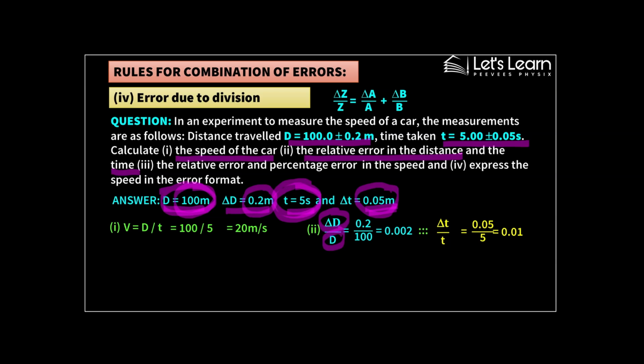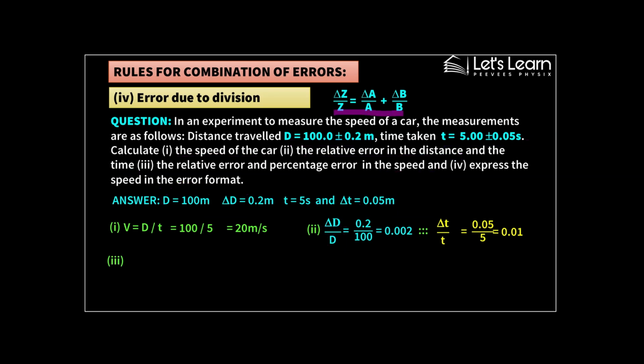Next, they wanted relative error and percentage error in calculation of the speed. The rule says the fractional error in calculating speed is fractional error in distance plus fractional error in time. How much is the fractional error in distance? 0.002.